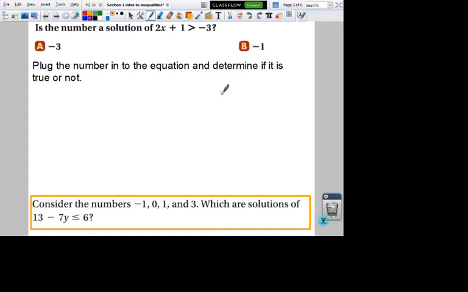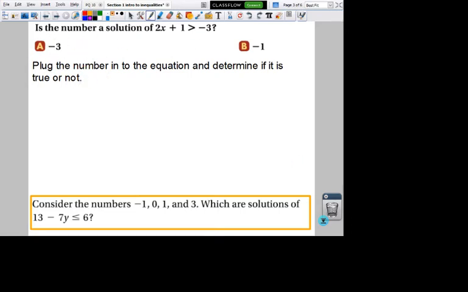Alright, so what we're going to start on is we're going to look at if different numbers are part of a solution to an inequality. So I have 2x plus 1 is greater than negative 3. I want to know if I plug in negative 3 for x, if that is a solution. There are lots of answers today, not just one.